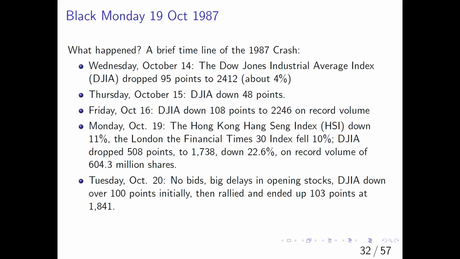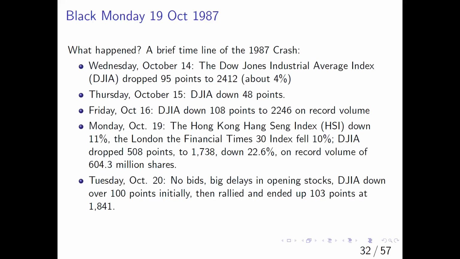And on the Monday of October 19th, the Hong Kong Hang Seng Index was down 11%. The London Financial Times 30 Index fell 10%. You see here, this is a major market index, the large cap stock index.